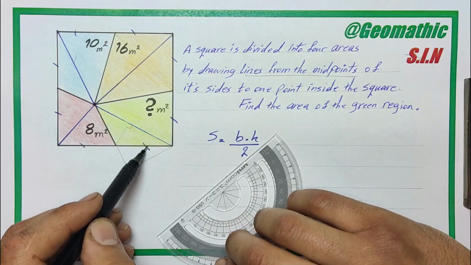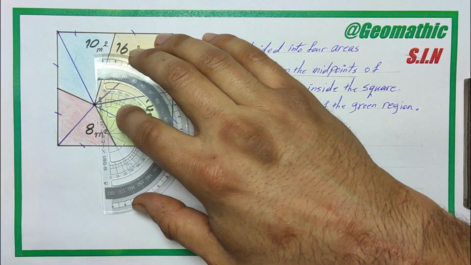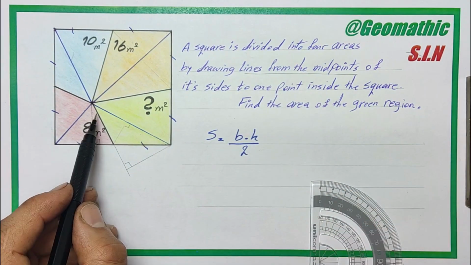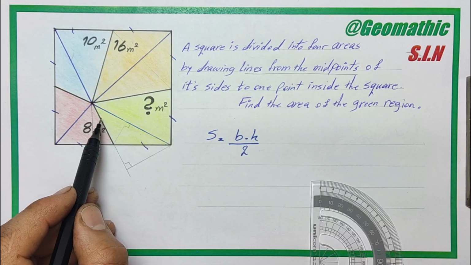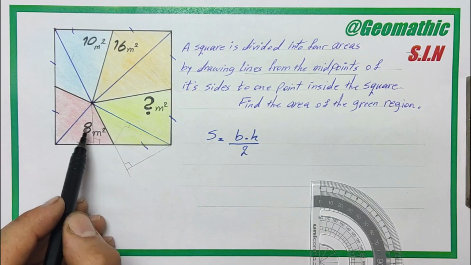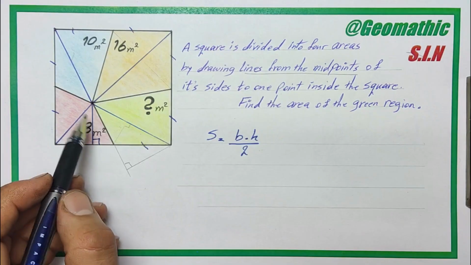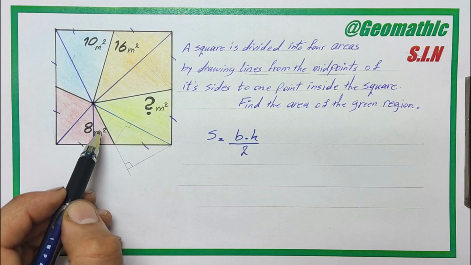And finally, if we take this line as the base, the height should be this. The cool thing about this line is that it works as the height for these 2 triangles at the same time. Again, this height is for this triangle and this one at the same time.